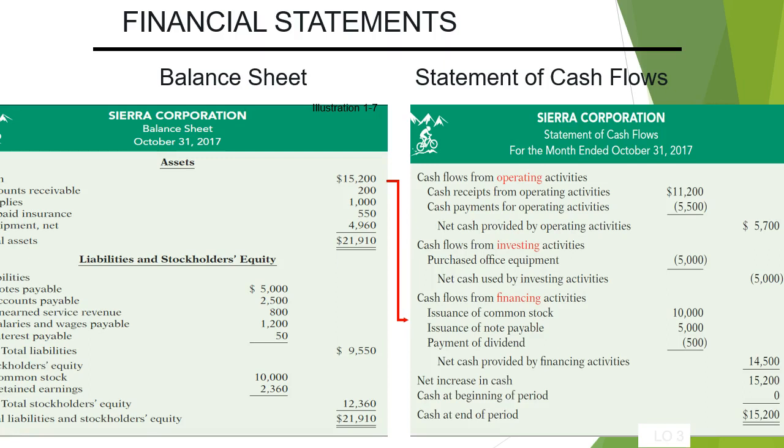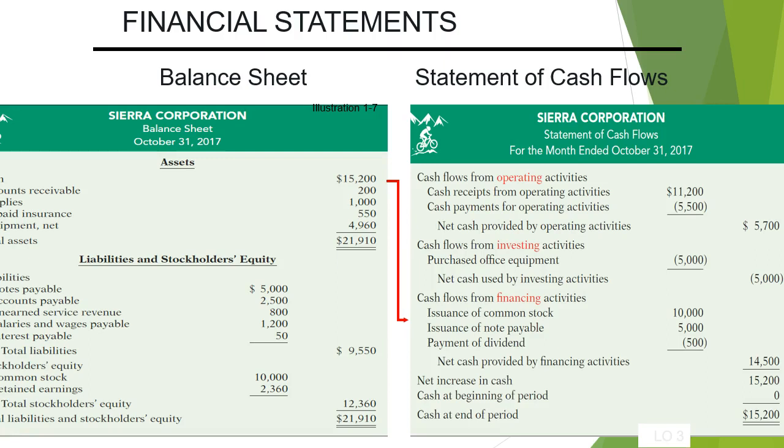You are a part owner of that business organization. So what this is showing is the increase in cash that came from the issuance of common stock. That amount was $10,000.